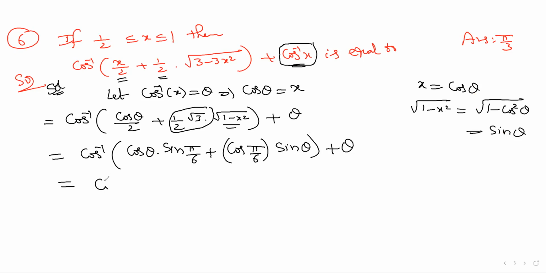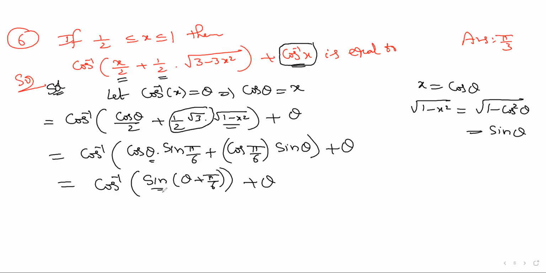Now it becomes cos inverse of, what is the formula here? cos A sin B plus sin A cos B is sin A plus B. But sin of what is here? Theta, and B value pi by 6. Theta plus pi by 6, plus theta. Here sin can be converted in terms of cos, right?